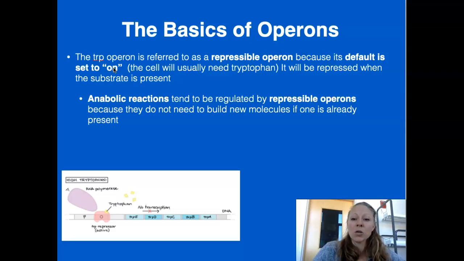So it's not going to express the gene if the tryptophan, the substrate, is present. It's generally turned on unless the tryptophan is present. Anabolic reactions tend to be regulated by repressible operons. This is because they don't need to build new molecules if one is already made. If it's already there, we don't need to build it.